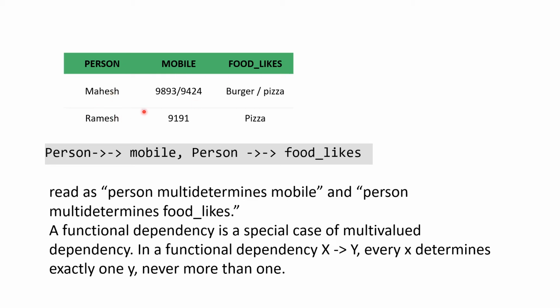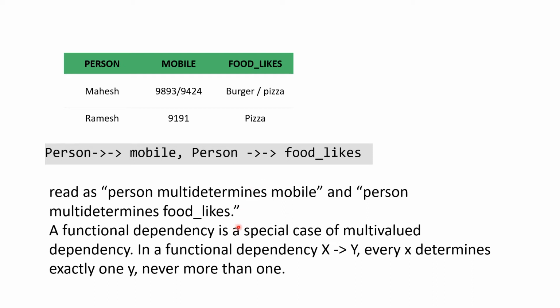Person multi-determines mobile, and person multi-determines food likes. Normally we read it as person determines mobile; now with multi-valued dependency, we read it as person multi-determines mobile.